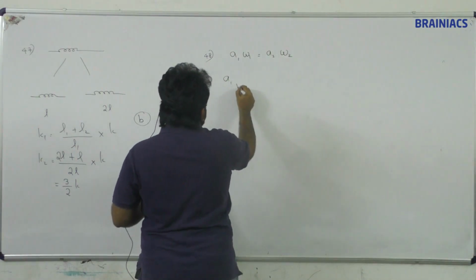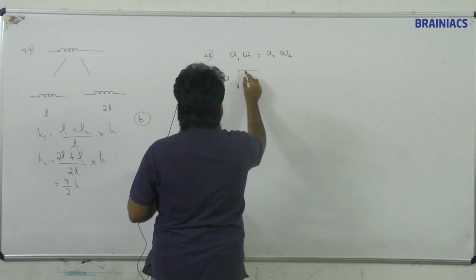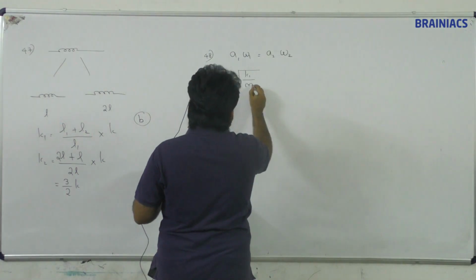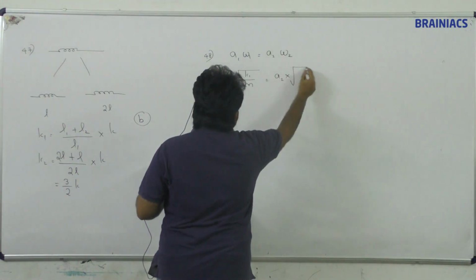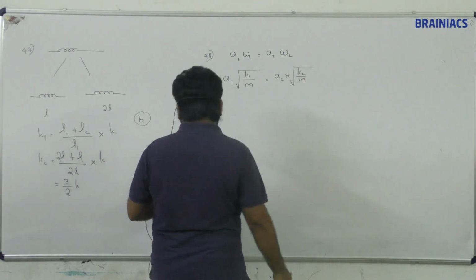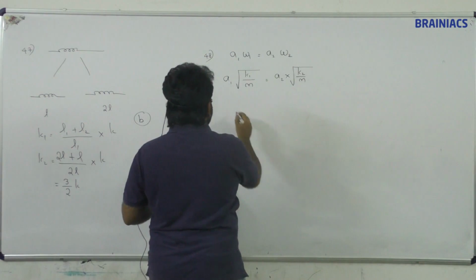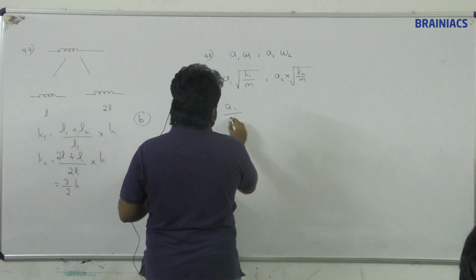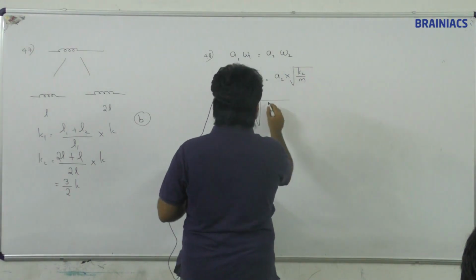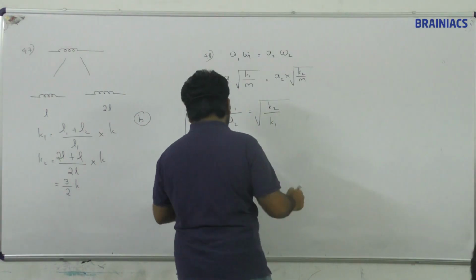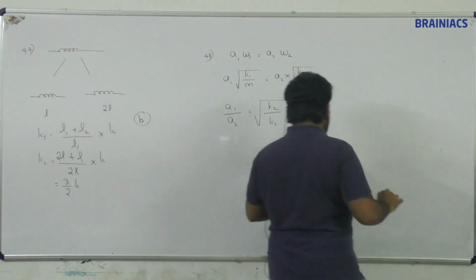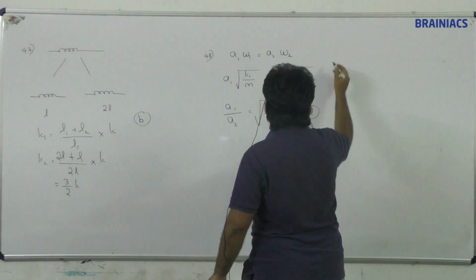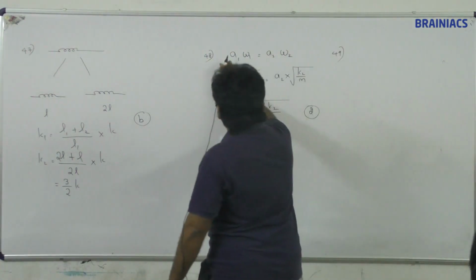And omega is root of K by M. So A1 into root of K1 by M is equal to A2 into root of K2 by M, with equal masses. So the ratio of amplitudes A1 to A2 is root of K2 by K1. So option D. So this is amplitude.